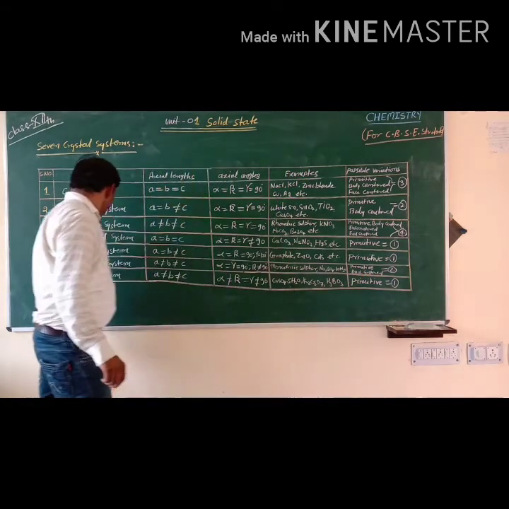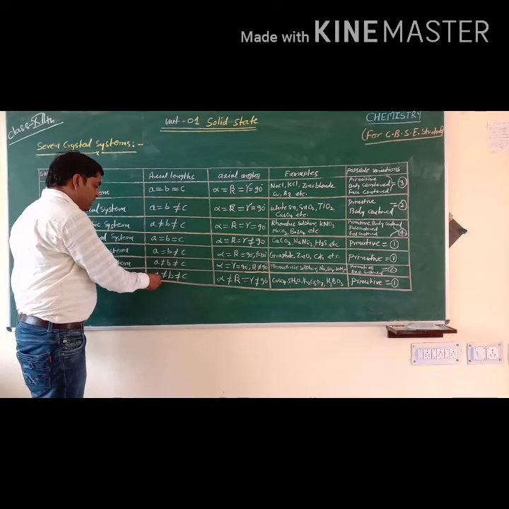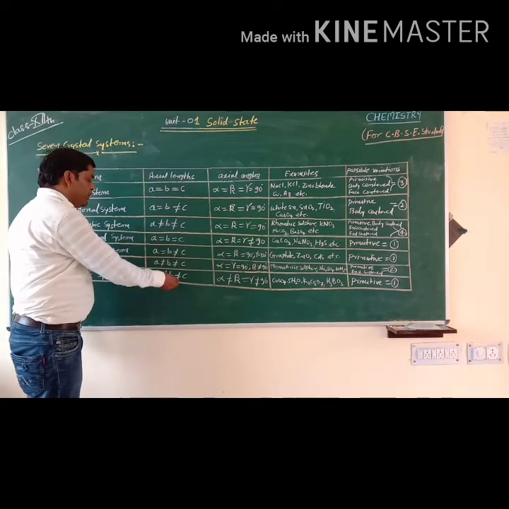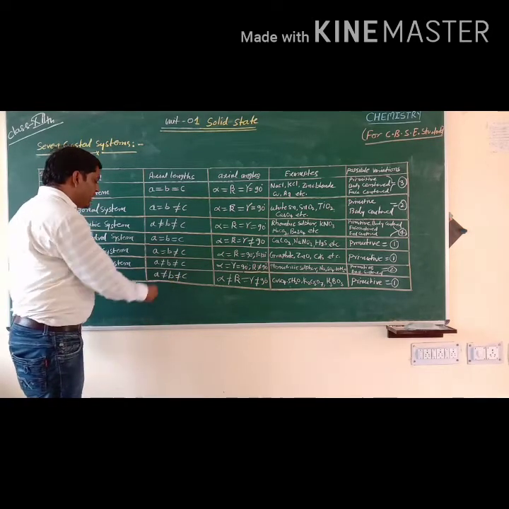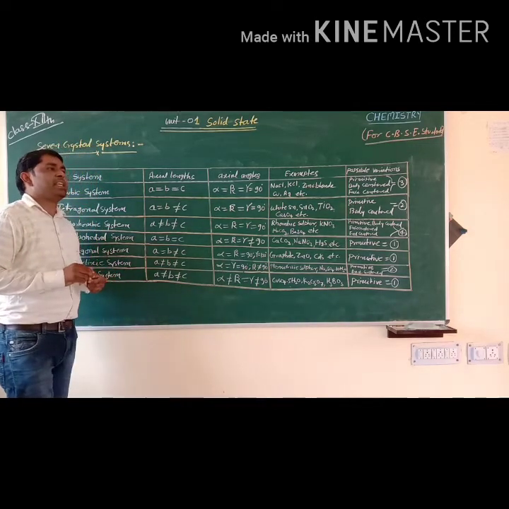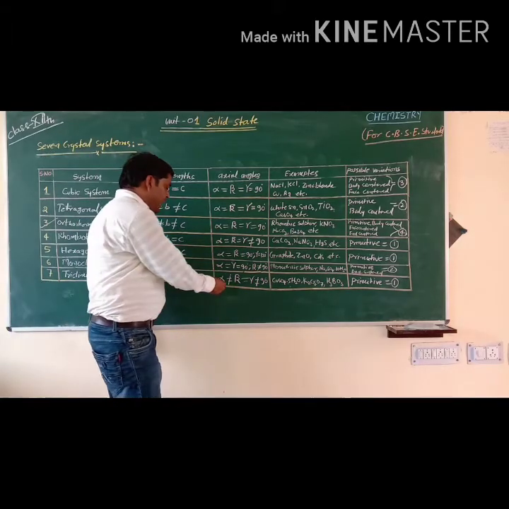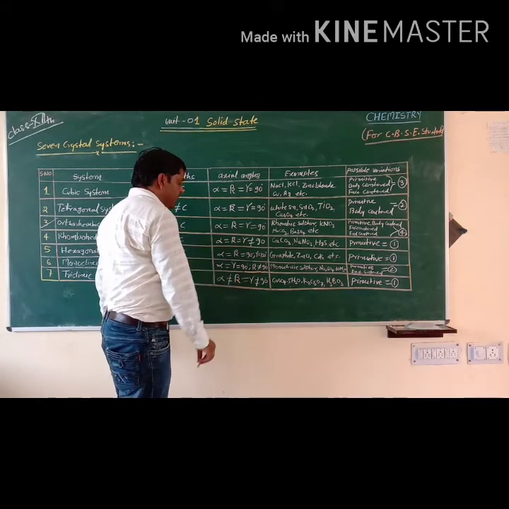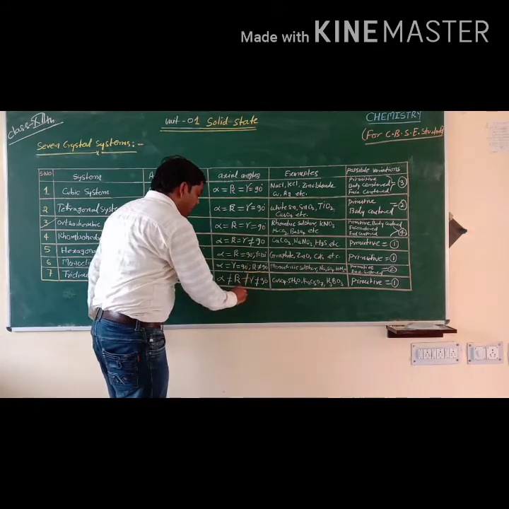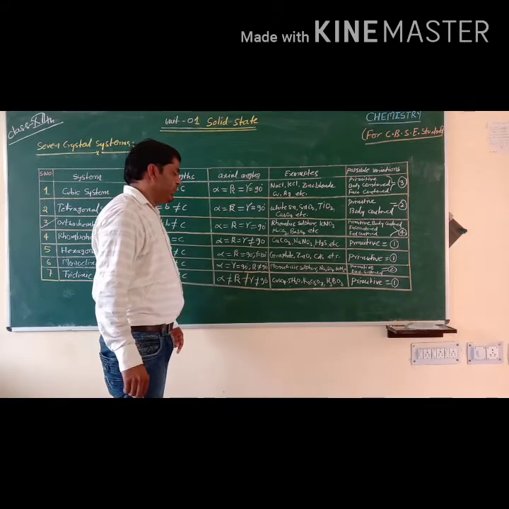Okay, next crystal system is triclinic. In this system, axial lengths A not equal to B, B not equal to C. It means the three axial lengths are not equal to each other. Axial angles alpha not equal to beta, beta not equal to gamma, and the three angles are not equal to 90 degrees.